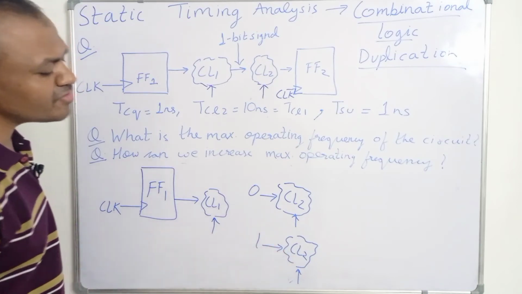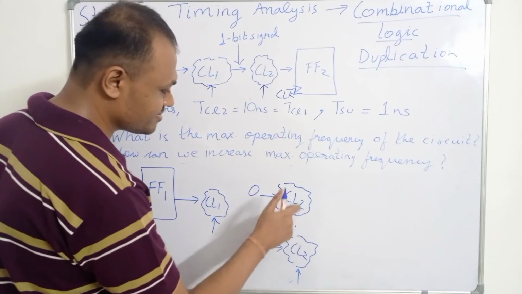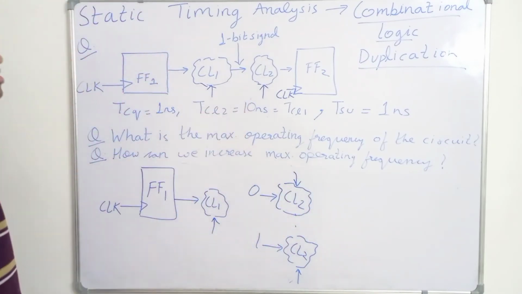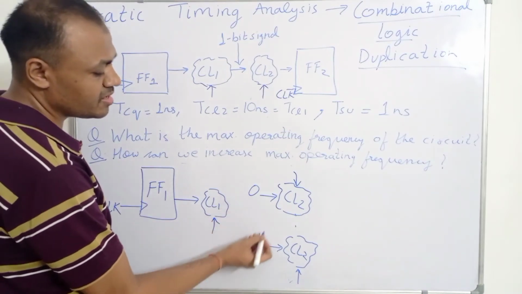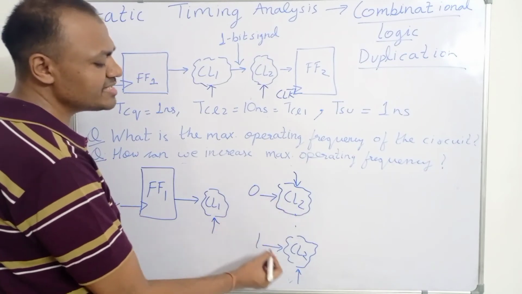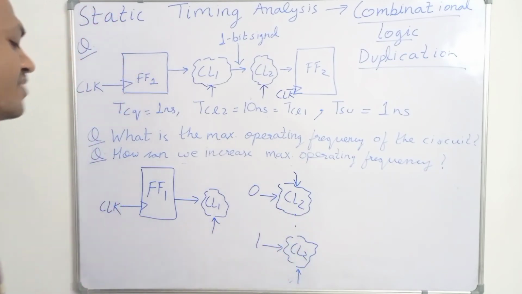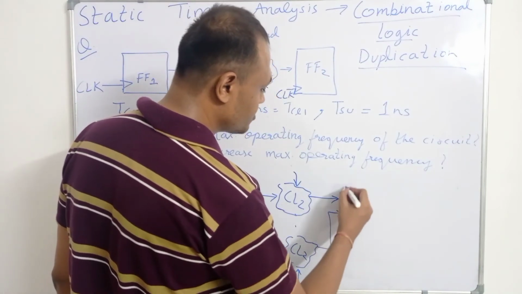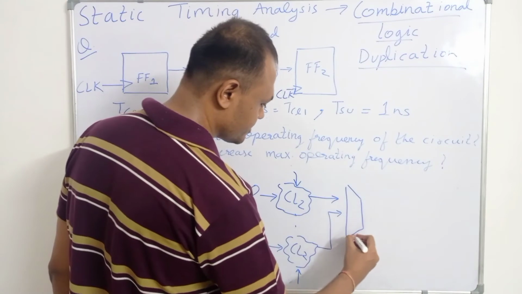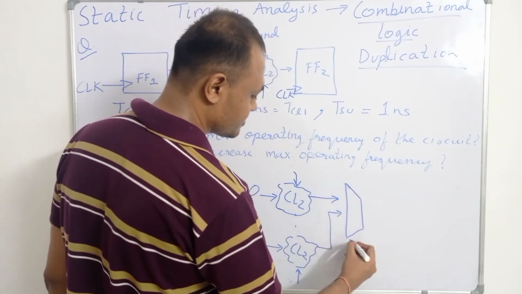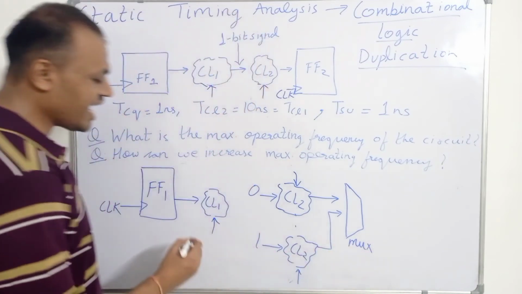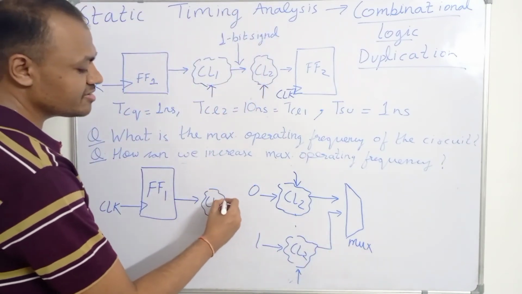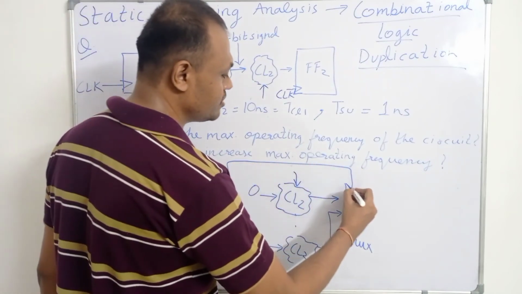For the first unit the input is 0, and for the second unit the input is 1, and these are separate. Their outputs will be given to a mux, and the output of combinational logic 1 will work as the select line to this mux.